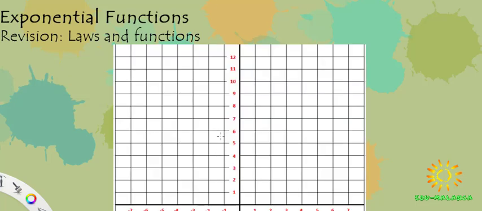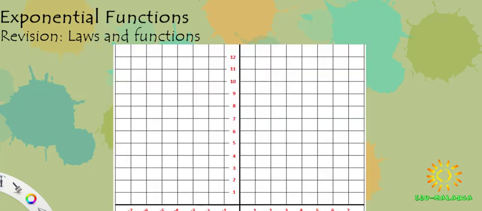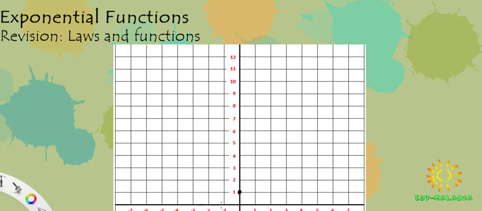Let's draw the graph on this axis. We'll start with the 0 term. When x is 0, y is equal to 1. So let's plot it over here. Yes, and we'll move to the negatives. When x is negative 1, you have 0.333, so you have about a third on the y, which should be approximately here.